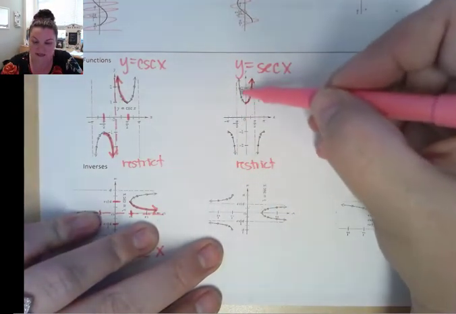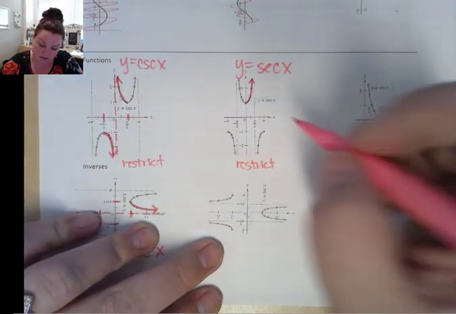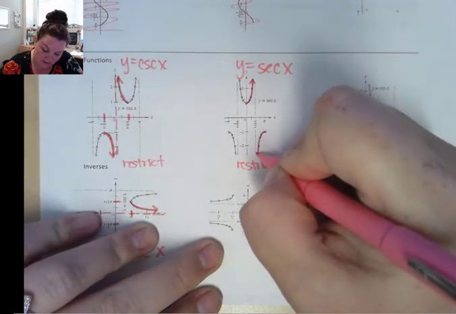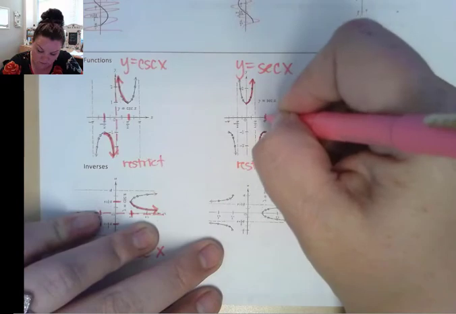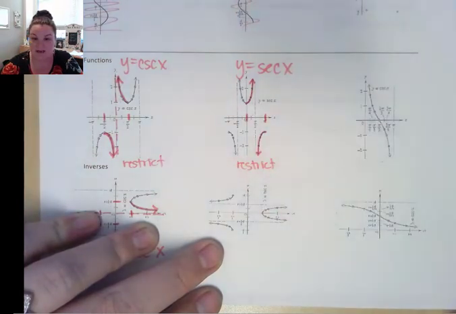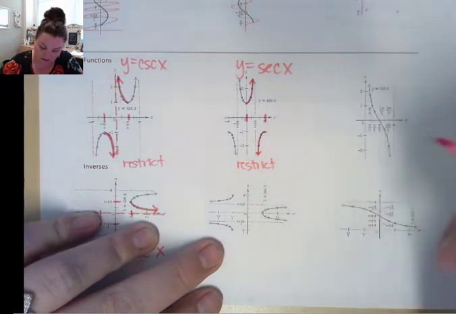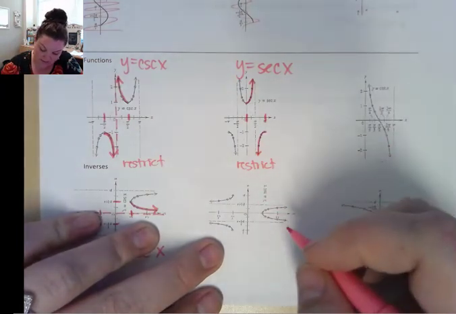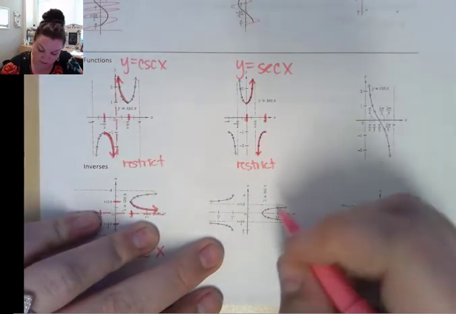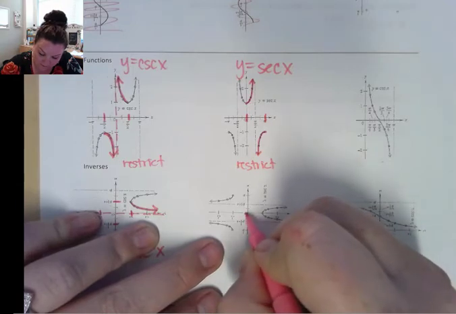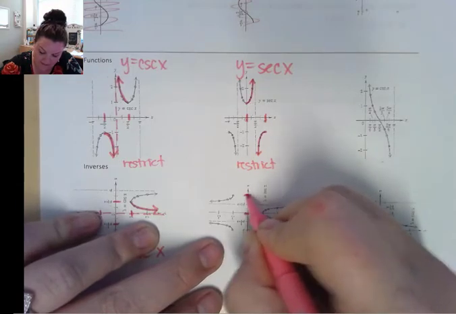And then we can't use that side because that gives us the same y values, so we needed this side right here, okay? So that means we're going from 0 to pi, right, on our x-axis. So when we invert it, we're going to be going from 0 to pi on our y-axis, right?